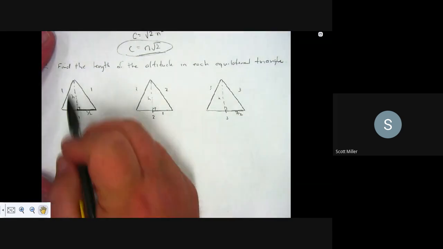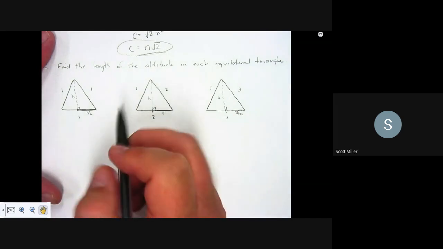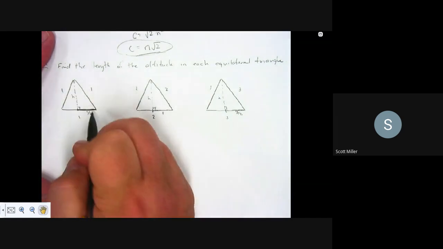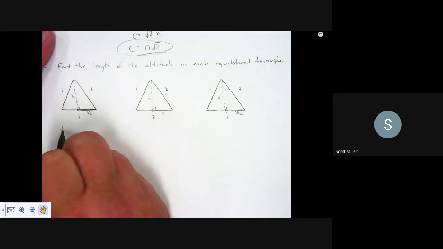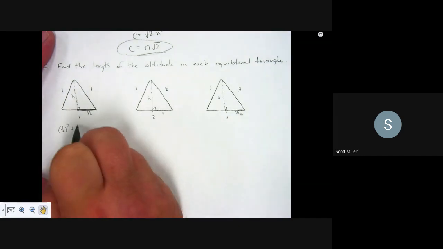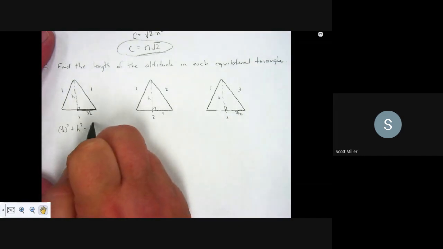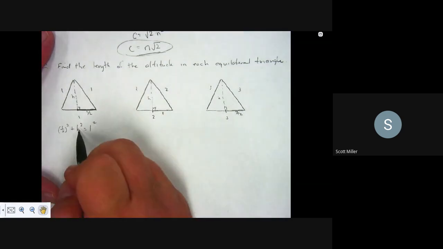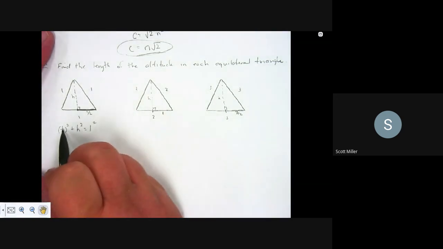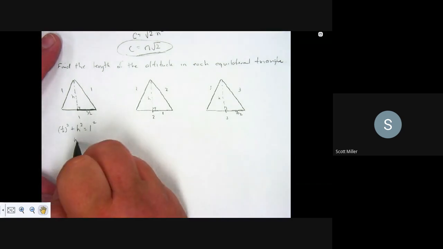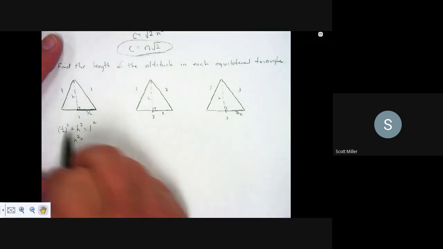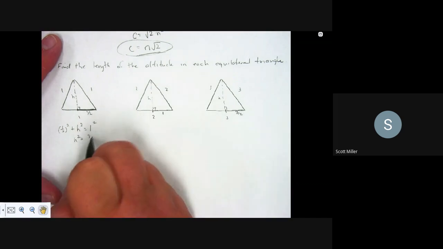And I can do the Pythagorean theorem with these things. So by the Pythagorean theorem, since I have a 90-degree triangle, I can do 1/2 squared plus h squared is 1 squared. And since h is one of the legs, we're going to subtract this to the other side. So I get h squared is equal to 1 minus 1/4, or 3/4.